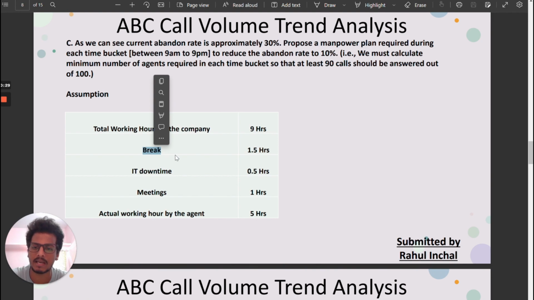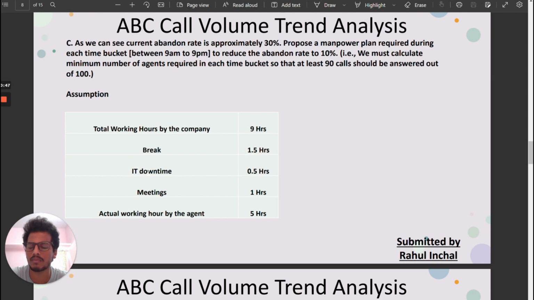And for breaks, in my ex-company the break was 1.5 hours: a 1 hour long break and a half hour short break, divided into breakfast and lunch time. So 1 hour for lunch and half an hour for breakfast.